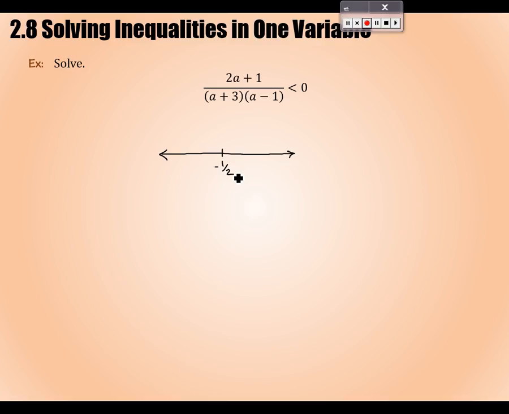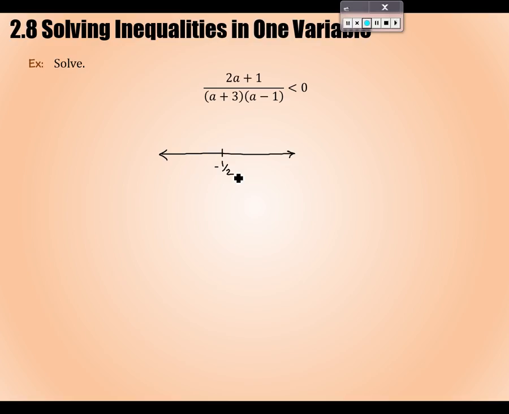That x can't possibly be -3 or 1. Do we need to include it on our number line though? Let me ask you this: at a vertical asymptote, could a function change from being positive to negative, or negative to positive across that asymptote? The answer is yes.